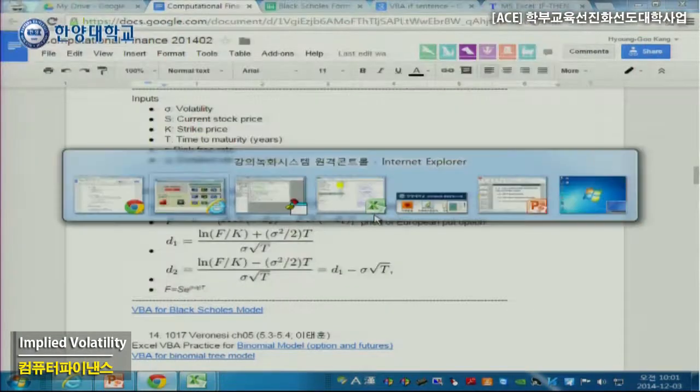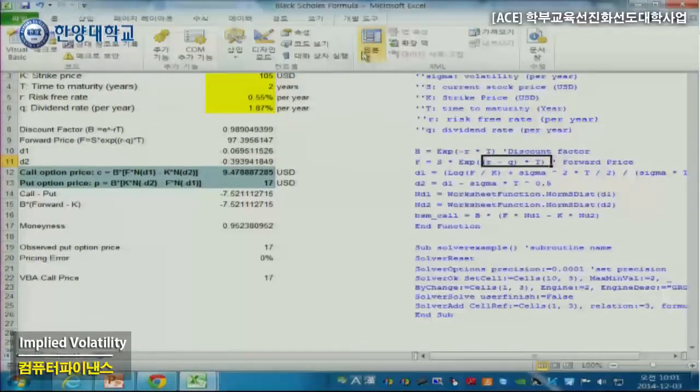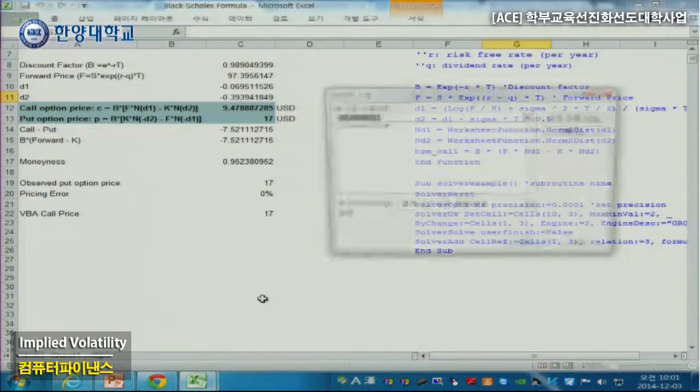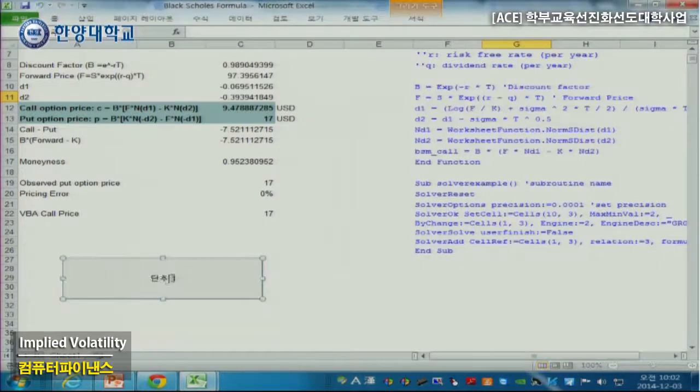Okay. We can go to the Excel file again, and now we have to create a button. So for example, it is implied volatility.